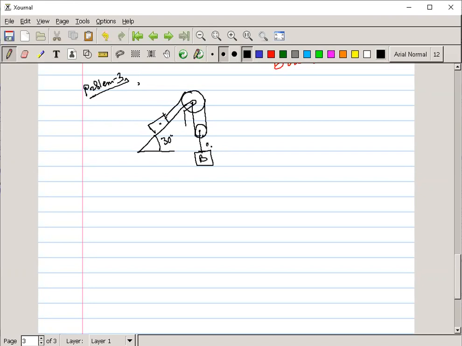This is 20 kg, this is 60 kg, this is A. Here mu k and mu s are given, for the static condition and for the kinetic condition.